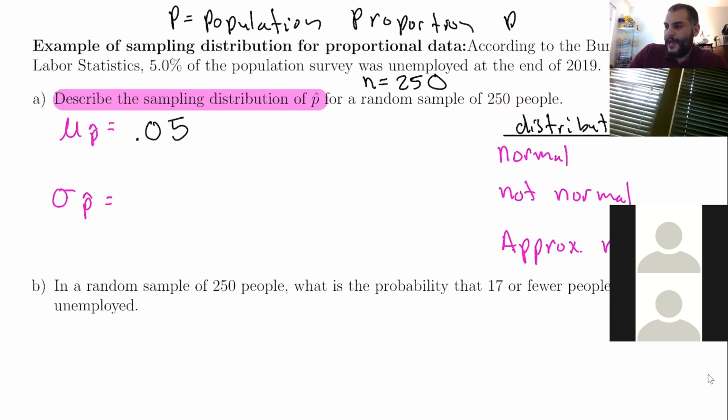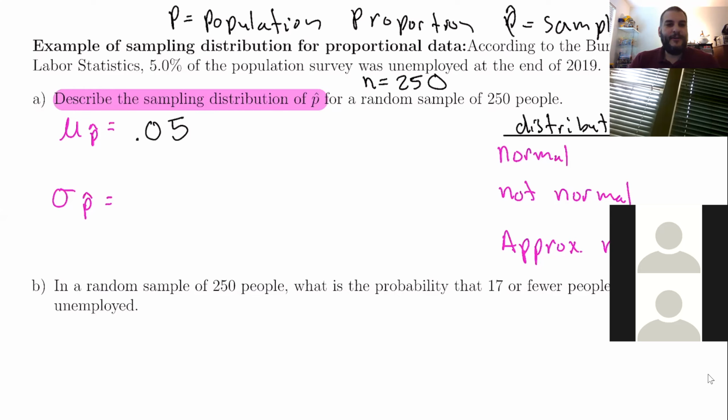When we have P hat, that corresponds to a sample proportion. Got it. So this is kind of going back to the definition. If you remember in chapter 1, when we learned about parameter and statistic, P is your parameter because that's the thing that's coming from the population. P hat is your statistic because that's coming from a sample.